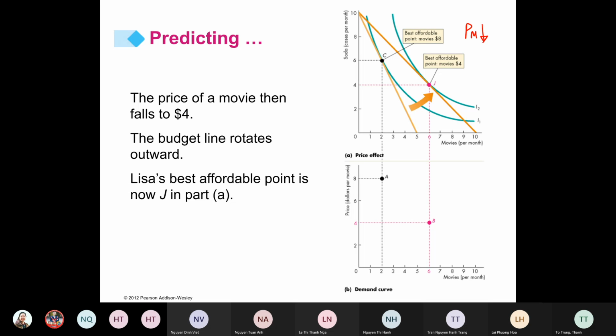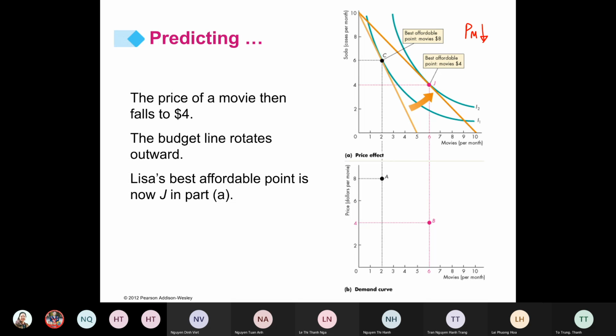With the new budget line, what could be the best consumption for Lisa? We follow the rule that the best consumption level for a consumer is when the budget line is tangent to the indifference curve.